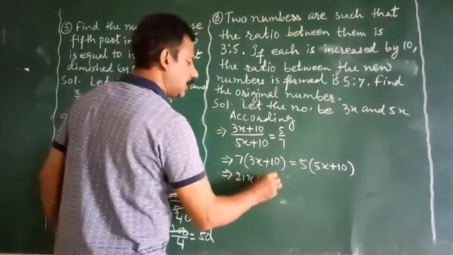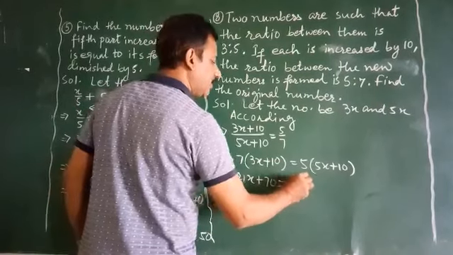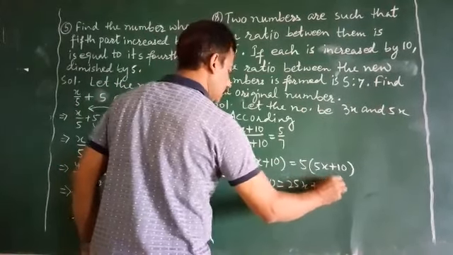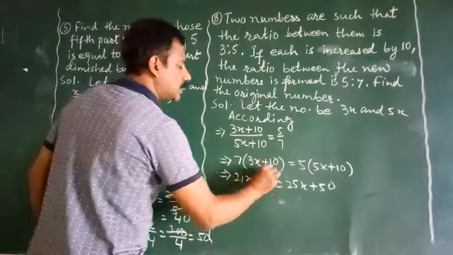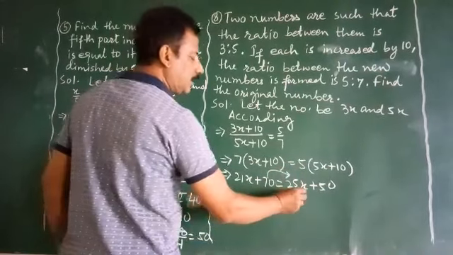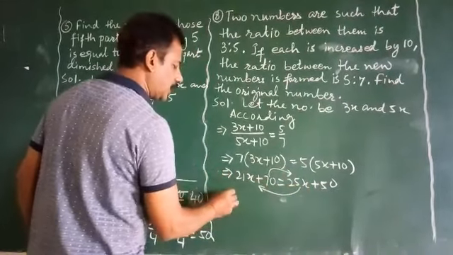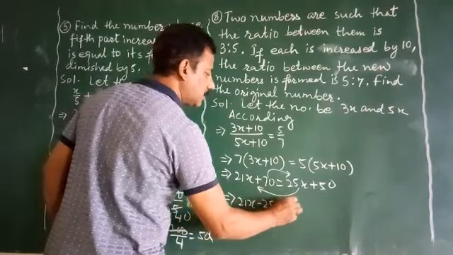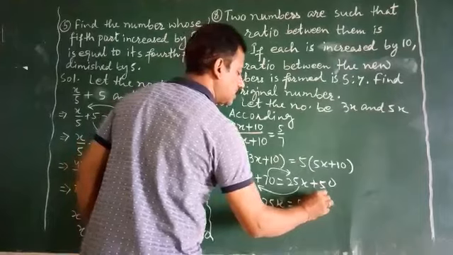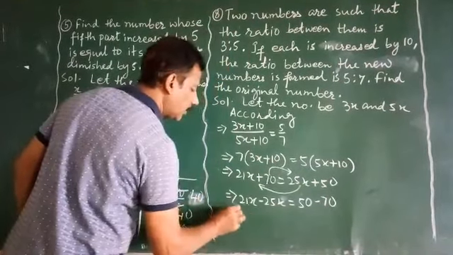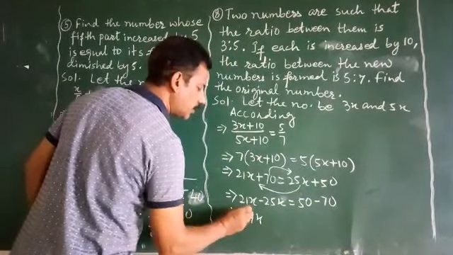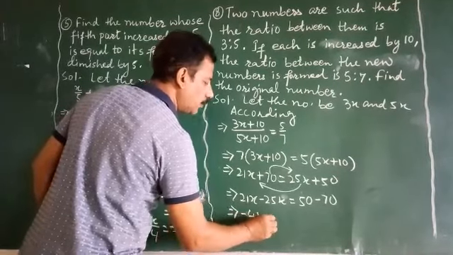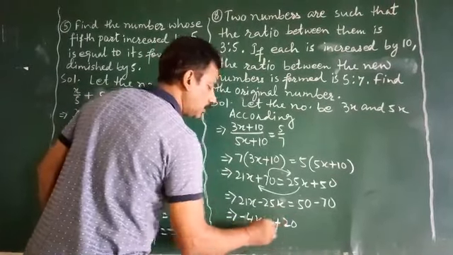21x plus 70 equals 25x plus 50. Transposing 70 to the right hand side and 25x to the left hand side, 21x minus 25x equals 50 minus 70, minus 4x equals minus 20.